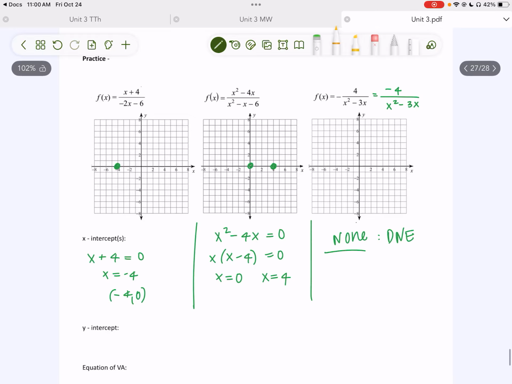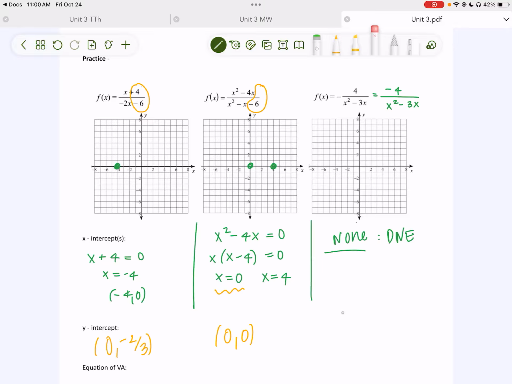Let's look at the y-intercept. Y-intercept is going to be -2/3 here. It's going to be 0 here, which makes sense, right? Because this was a 0. And this one will also be none.